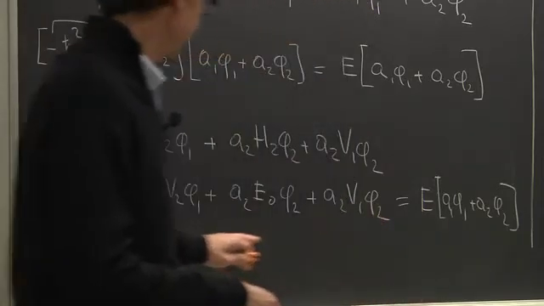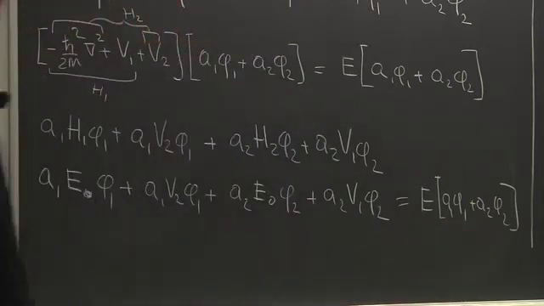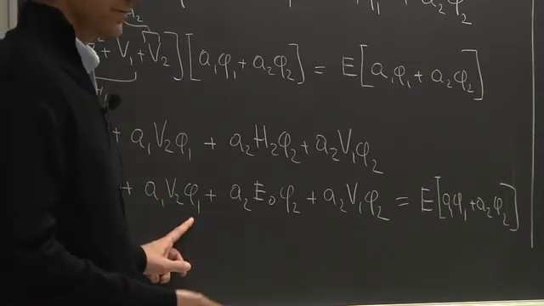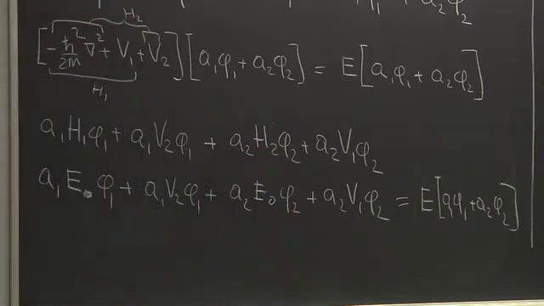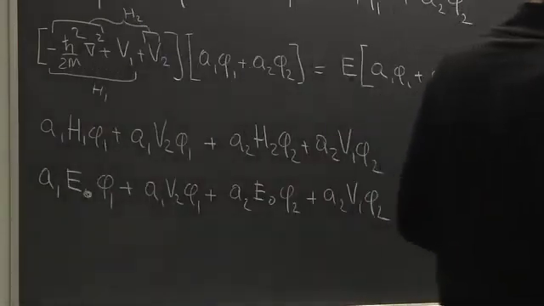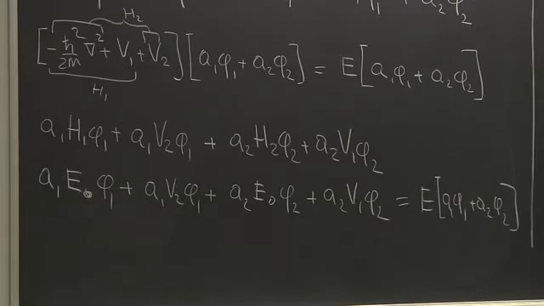I take left-hand side and right-hand side considered as functions, and I project them onto phi 1 first time and phi 2 second time. What do I mean by projection of a function onto another function? Are you familiar with this concept of a projection? The projection in mathematical terms essentially means that, I think I can write here.